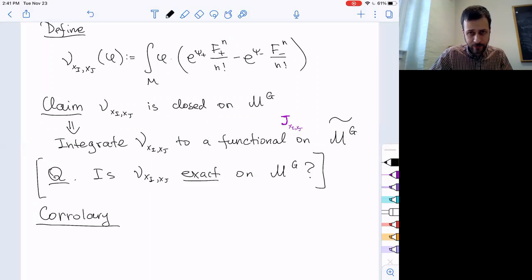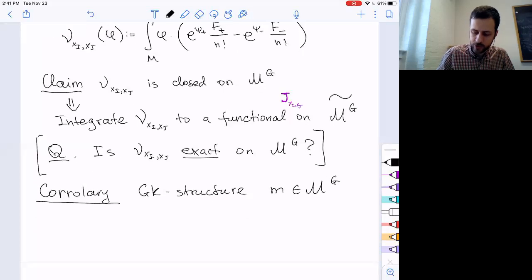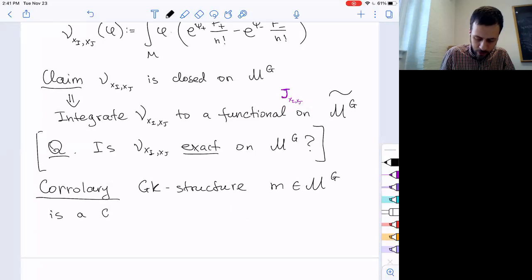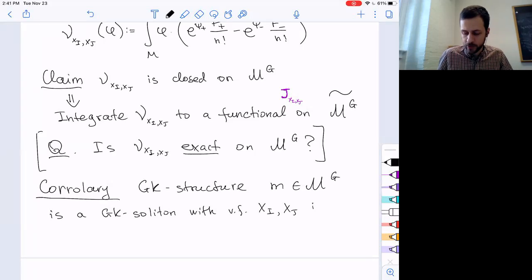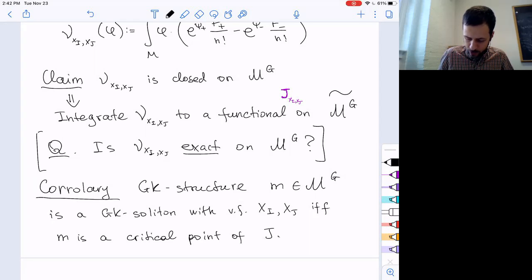The corollary is that a generalized scalar structure M in a given generalized scalar class is a GK soliton with vector fields xi and xj, so again, these vector fields are prescribed initially to you, if and only if M is a critical point of this functional J, xi, xj.